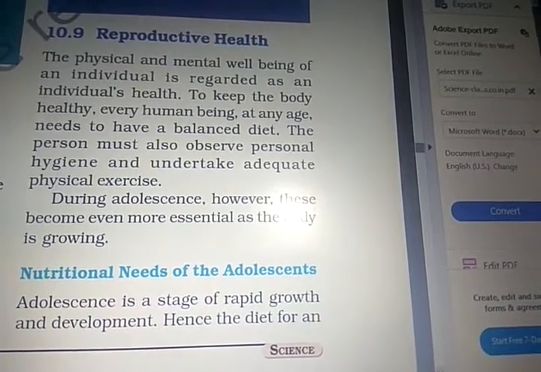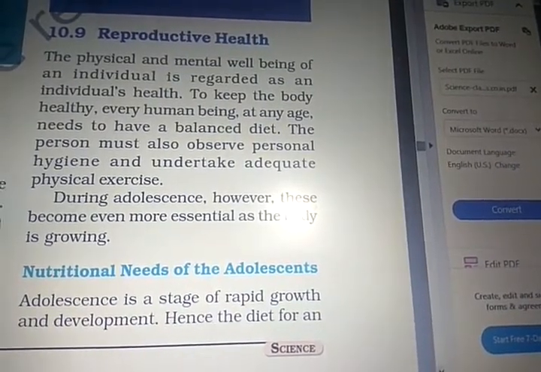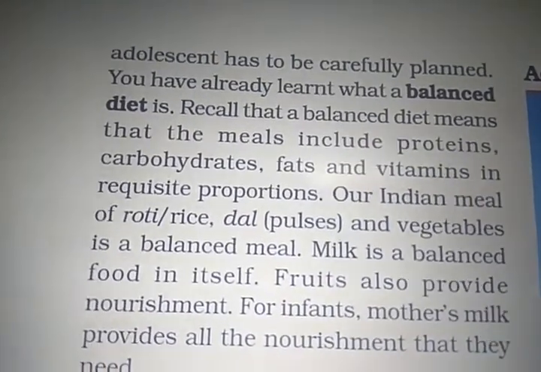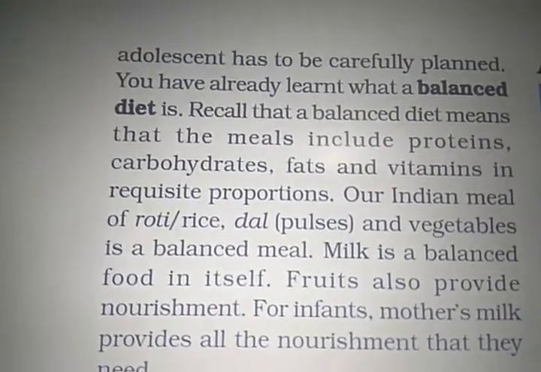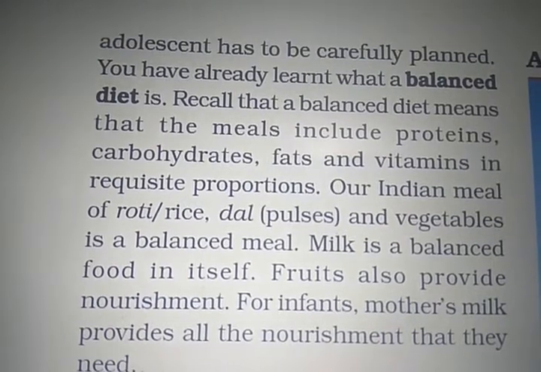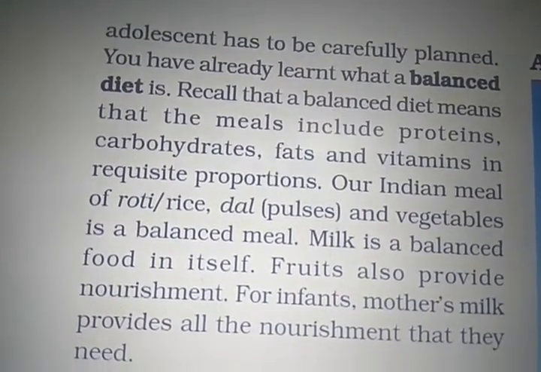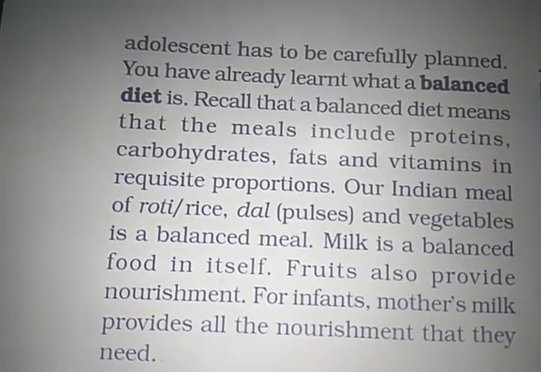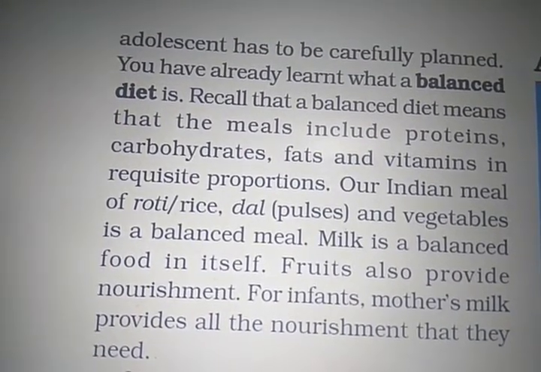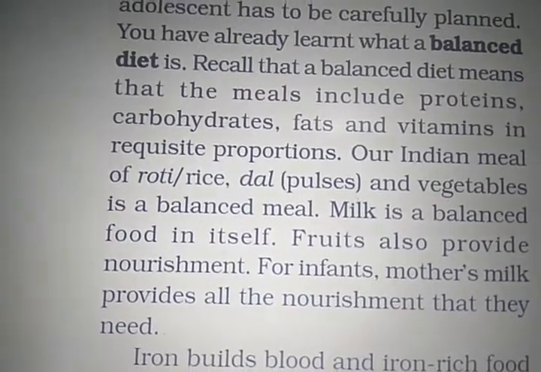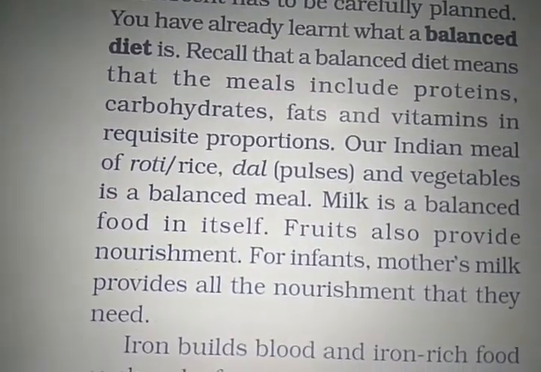Hence the diet for an adolescent has to be carefully planned. You have already learned that a balanced diet contains different types of nutrients, right? Recall that a balanced diet means the meal includes proteins, carbohydrates, fat, and vitamins in requisite proportions.